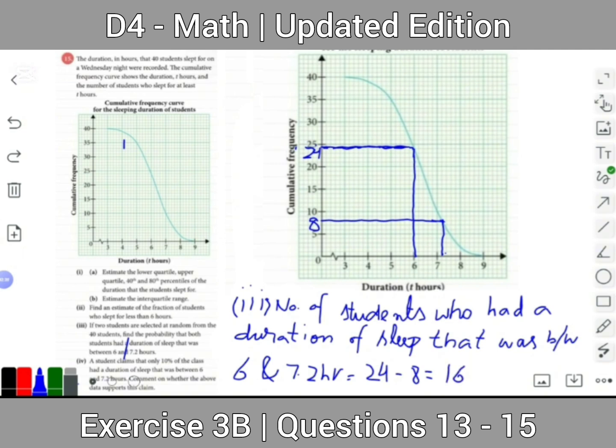So the number of students who had a duration of sleep that was between 6 and 7.2 hours is equal to 16.